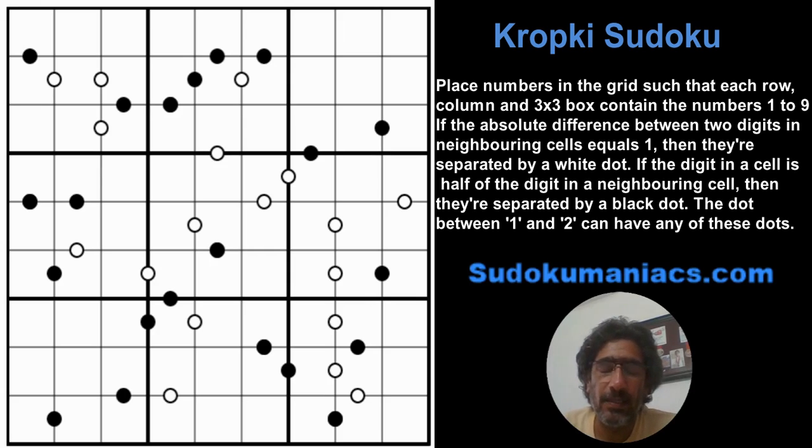And a white circle denotes that the two digits in those two cells will always be consecutive. All possible black and white dots are marked, which means wherever there is no black dot or white dot, the digits cannot be consecutive or have the ratio of 1:2.